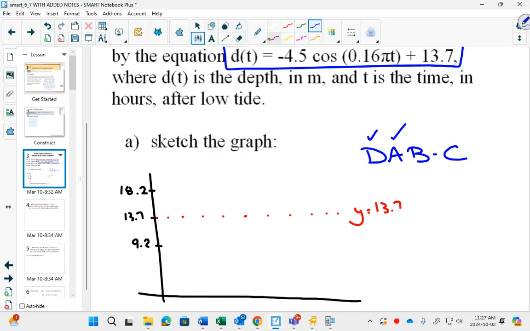Next, we have to find our period, and our period is always 2 pi divided by our B value. So we go to our calculator and figure that out, and we get 12.5.